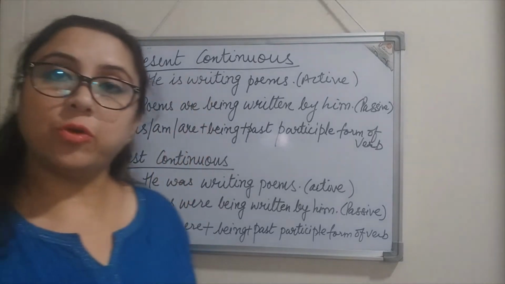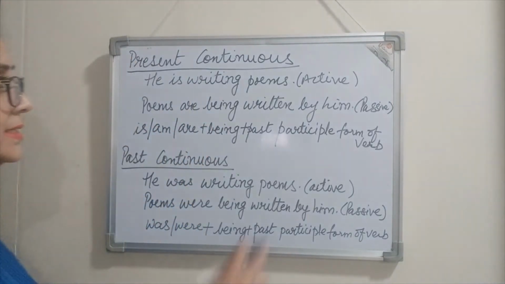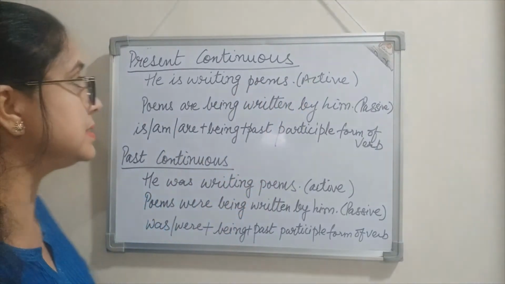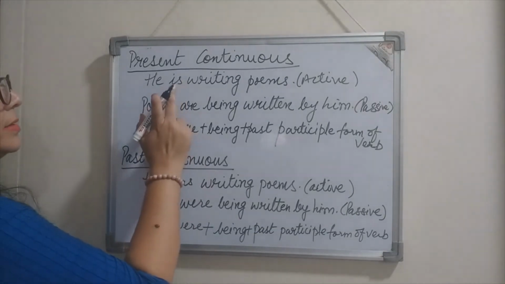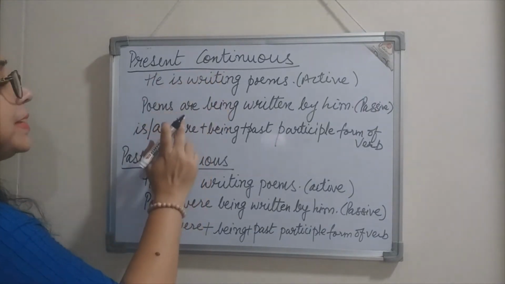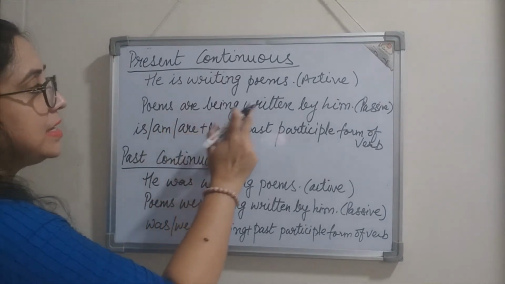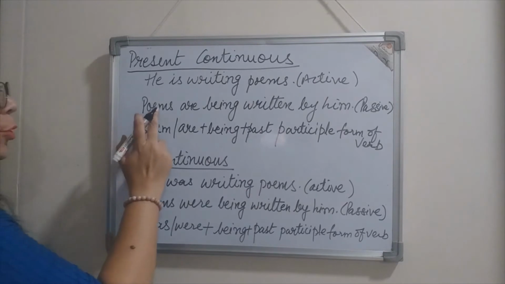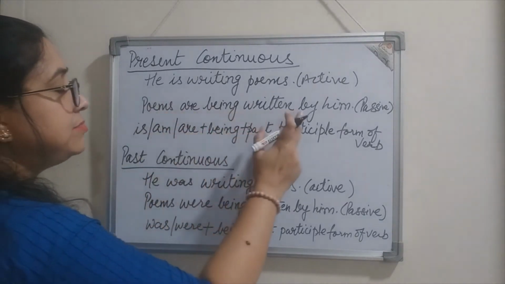And which voice is it? Yes, it's active voice. Now when we change it into passive voice, here where the verb is in present continuous tense, it becomes are being written. Okay, so the sentence is poems are being written by him.